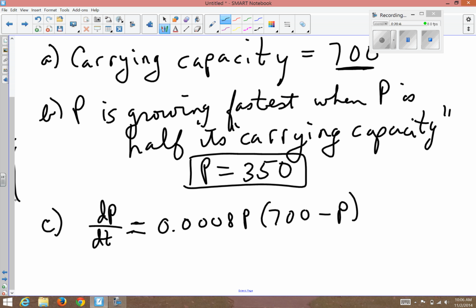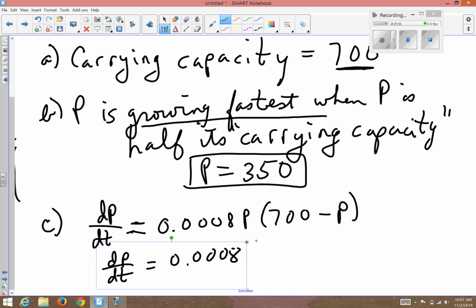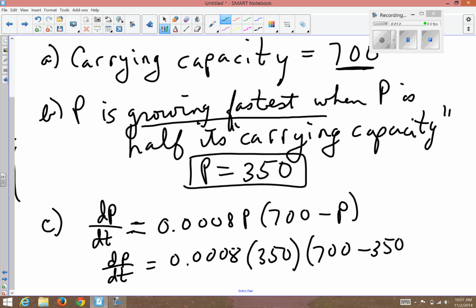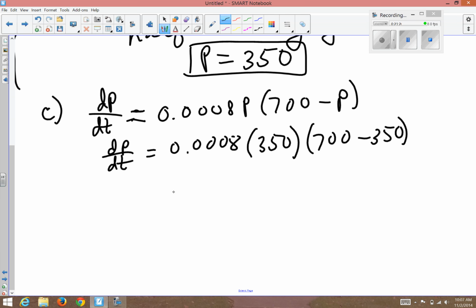And our question is to find this rate when it is growing the fastest. That means when p is 350. So the rate that they're asking for is going to be 0.0008 times 350 times 700 minus 350. That's the answer.